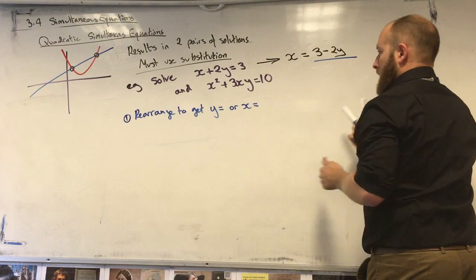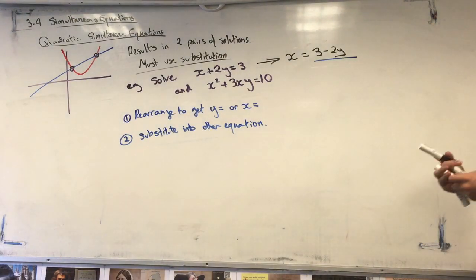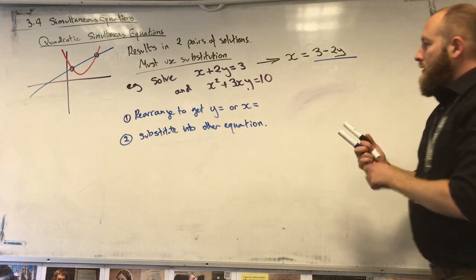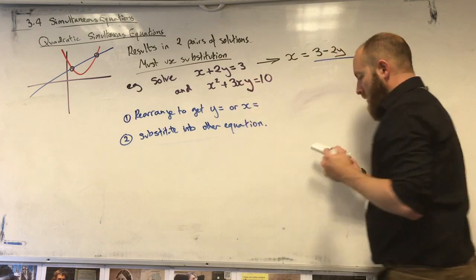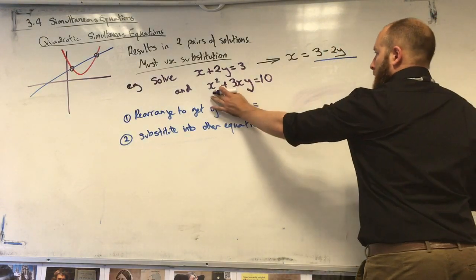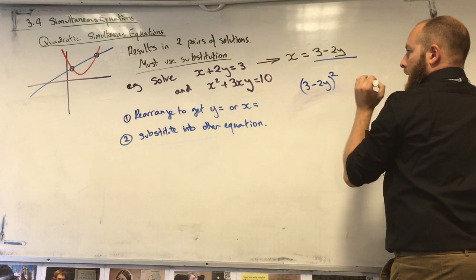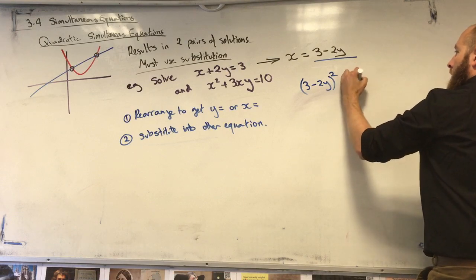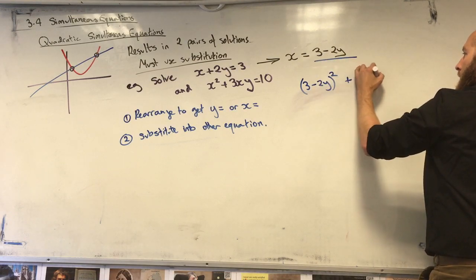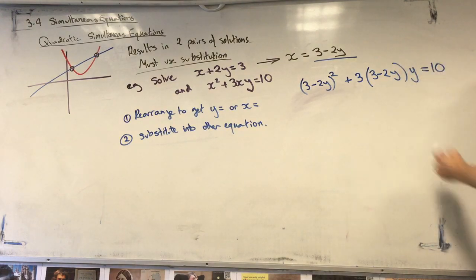So step 2, substitute into the other equation. We're going to substitute this into the other equation, wherever it says x. So we've got x squared at the beginning, so 3 minus 2y squared plus 3 lots of 3 minus 2y times by y equals 10.